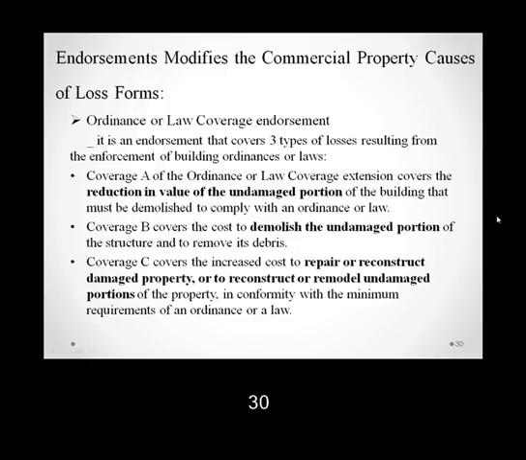So with this endorsement, any consequential loss due to defective ordinance of law will be covered.